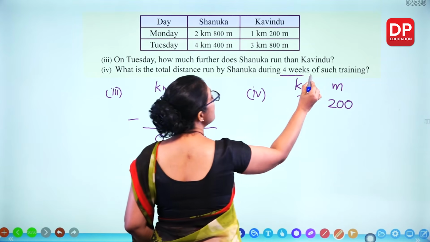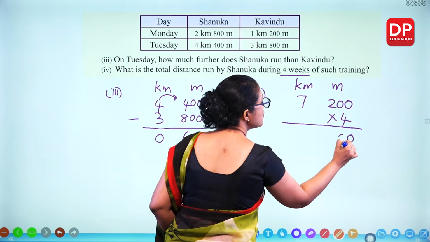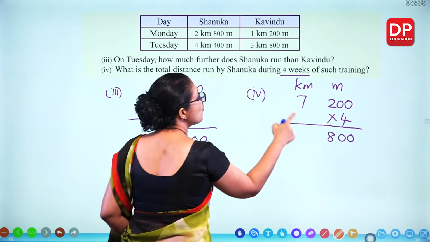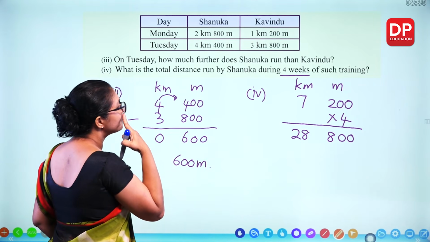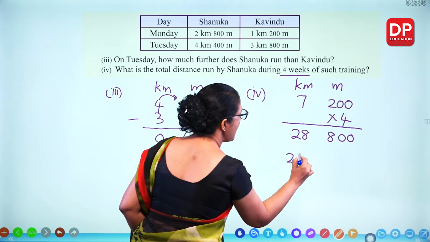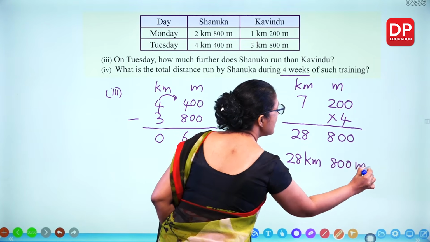This is for 4 weeks. Multiply this by 4. 4 times 0, 0. 4 times 2, 8. 4 times 7, 28. So, what's the answer? 28 kilometers and 800 meters.